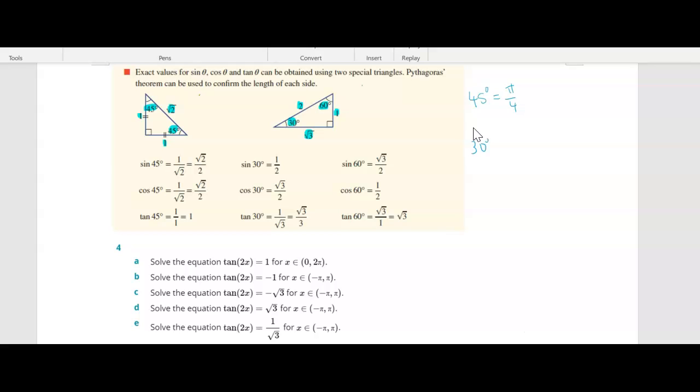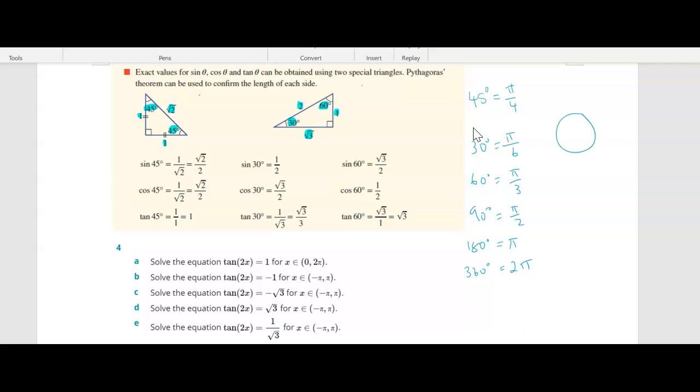30 degrees is pi on 6. 60 degrees is pi on 3. And you can do 90 degrees if you want, that's pi on 2. And a full pi is 180 degrees. And 2 pi is 360. So these values you can also get from the unit circle.